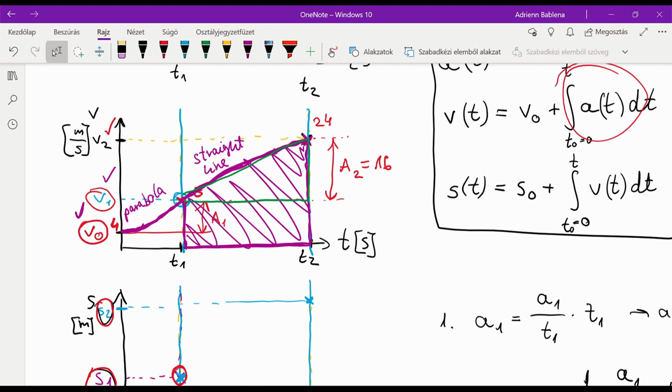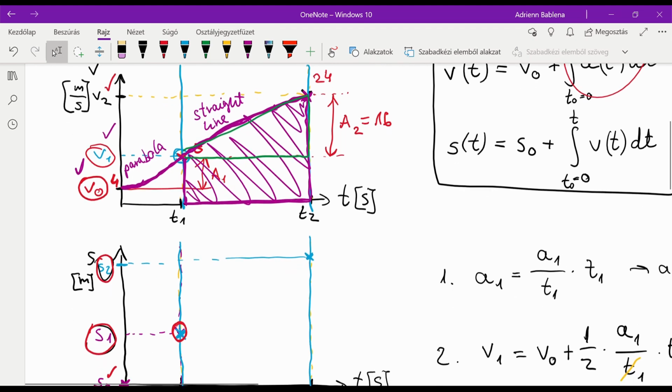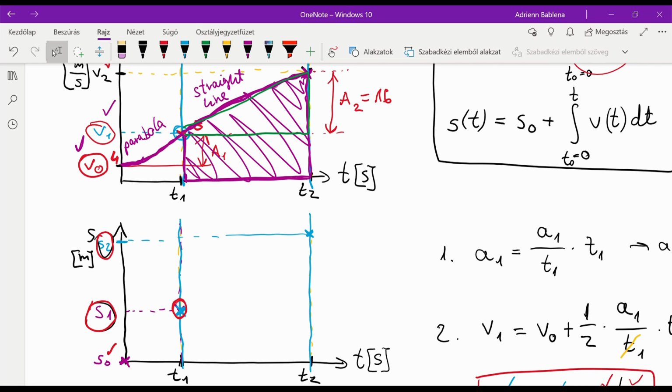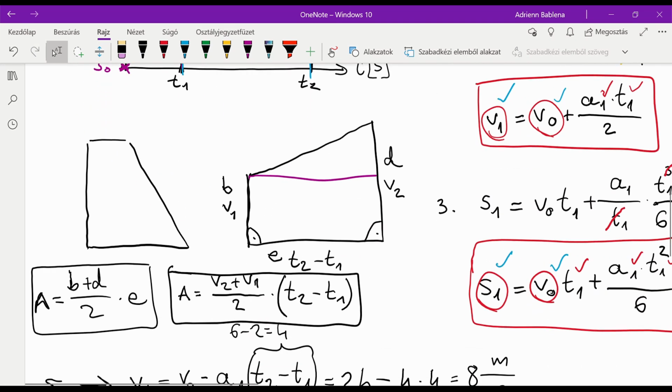Okay, almost the end of the lesson. So let's calculate the area of this shape. I haven't calculated it, so I don't know what the area is.